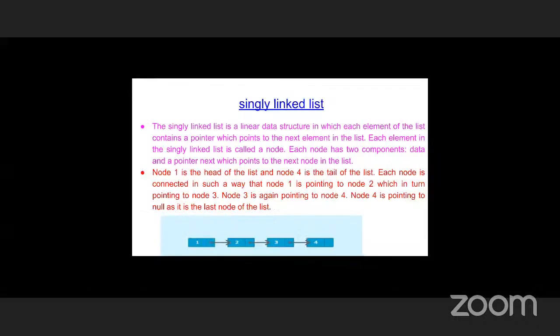The head node points to the second element, the second to the third, and the third to the fourth. After the fourth there are no more elements, so the fourth node points to null. So this is the concept of a singly linked list.